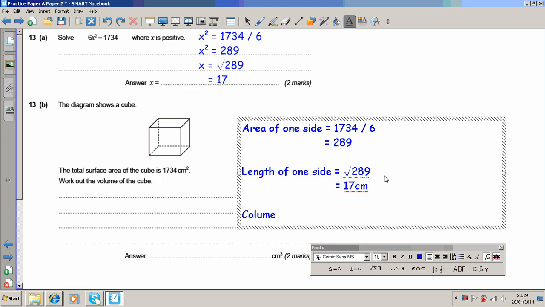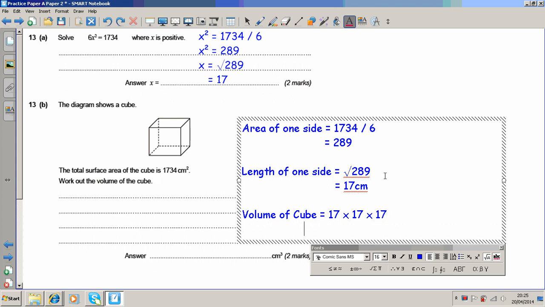So now the volume of cube is the length times the width times the height. 17 cubed, in other words. So what is 17 cubed? 4913 centimetres cubed.